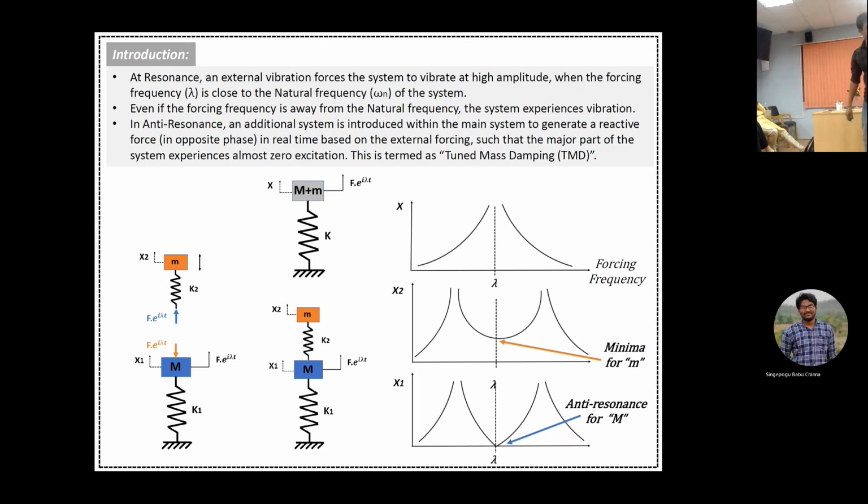So in order to make x1 zero, forcing frequency should be equal to root of k2 by small m. We have to vary small m or k2 so that it always matches the forcing frequency.